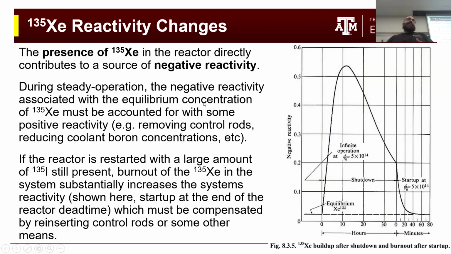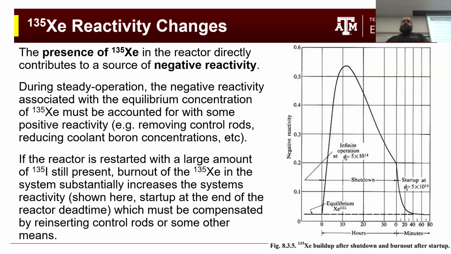Xenon is very highly absorbing, therefore its production results in an increase of negative reactivity to the system. If you have some equilibrium amount of xenon in your reactor, then you have to be able to account for that. As that xenon builds up, you're probably going to remove your control rods a little bit so that the negative reactivity of your xenon can be counteracted with a positive reactivity insertion from removing control rods.